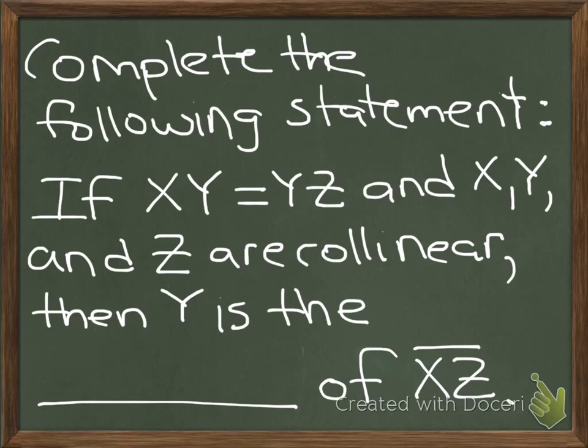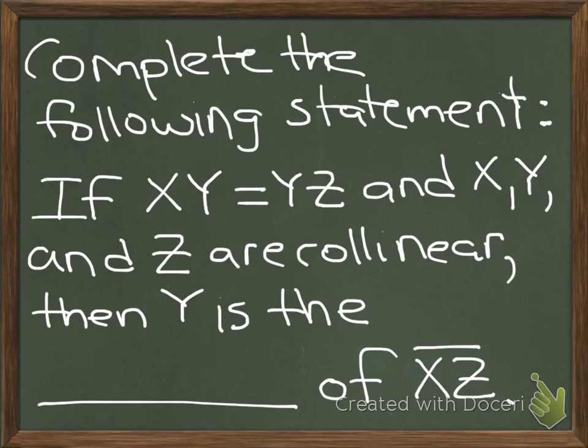Here we're thinking about the following statement. If we have a segment XY equals YZ, and then we think about X, Y, and Z all being on the same line, or collinear, then Y, which is in the middle, is what it's saying, is the what of the entire segment.